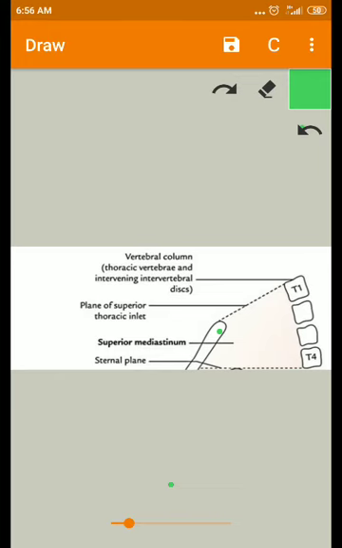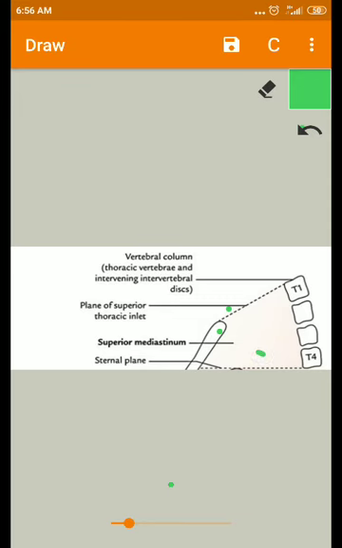It consists of muscles, arteries, veins, nerves, and also glands, ducts, lymph nodes, and also the visceral organs like trachea and esophagus. So if you go back and see the inlet of thorax, almost all those structures passing through the inlet of the thorax are related to this superior mediastinum.